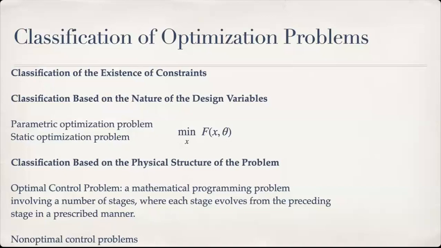Okay, so the next classification is based on the physical structure of the problem. For example, optimal control problem or non-optimal control problem. This is interesting for control people. For example, consider if you design a plant, you have design parameters, right?